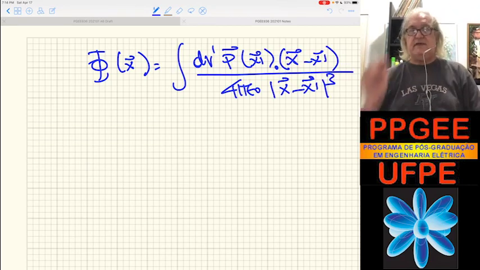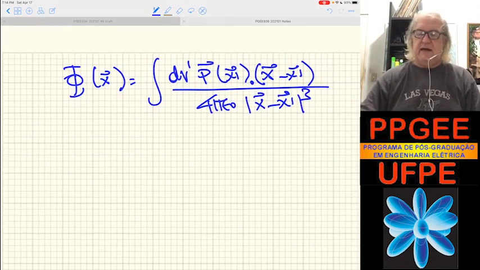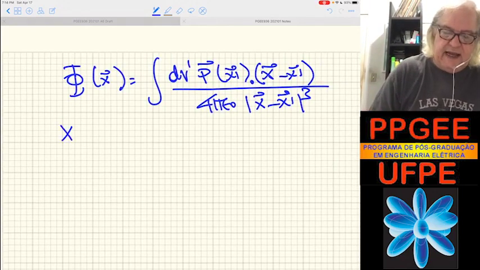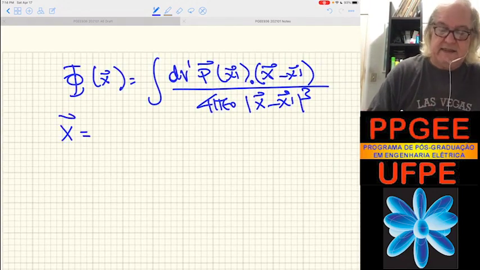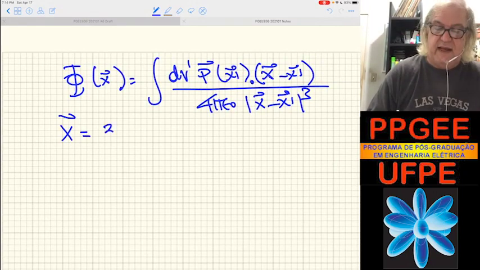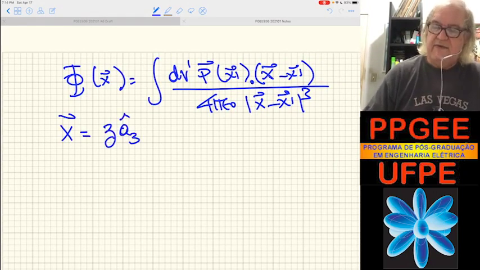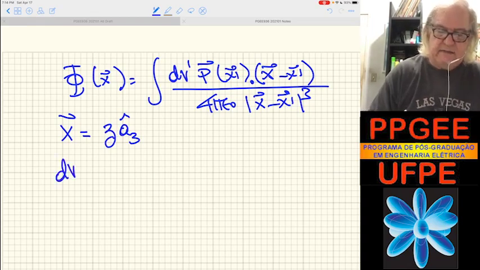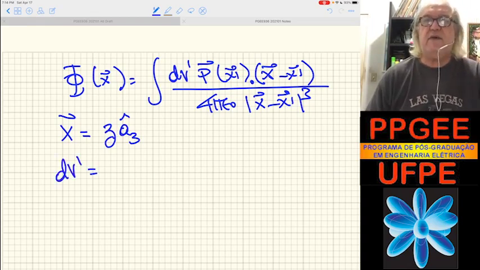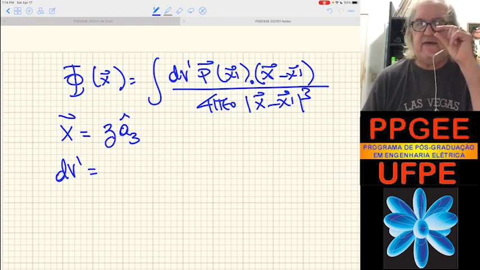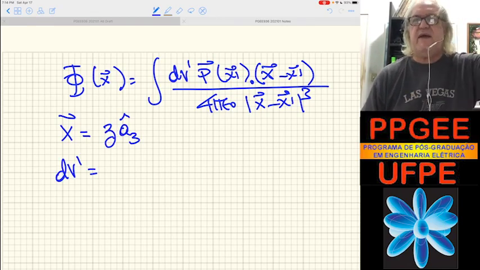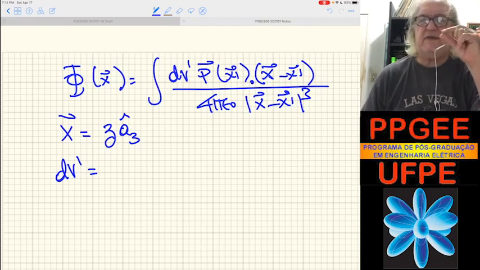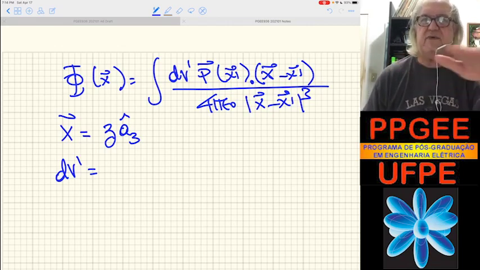Now, what we have to do in this expression, every time we do an integral like this, is know what x is. In our case, it is the location where you calculate or observe the effect, on the z-axis. We have to know what dV prime is. In cylindrical coordinates, because the thickness is already fixed, this is a very thin slab, we are not going to do any integration in the z direction. We're going to assume that everything is in the plane z equals 0.